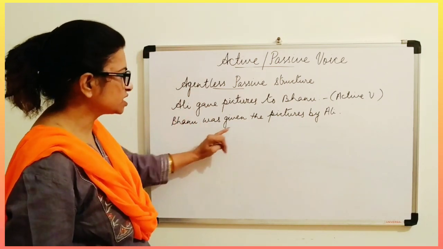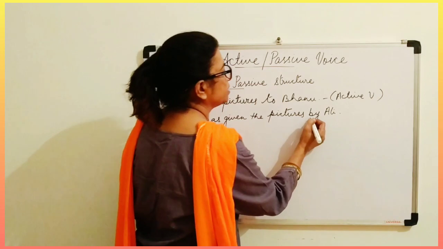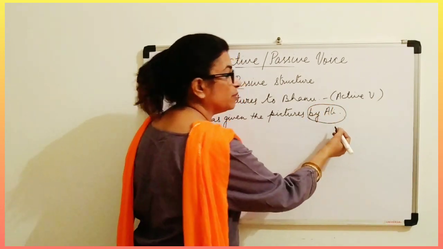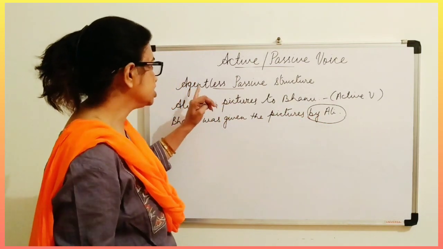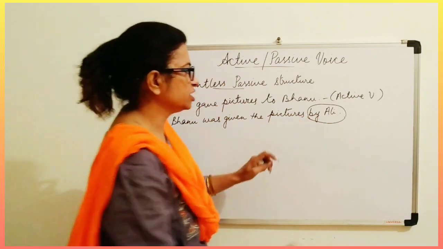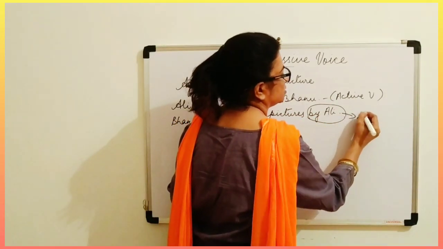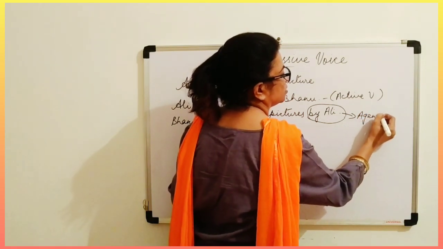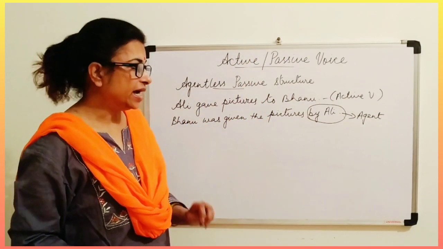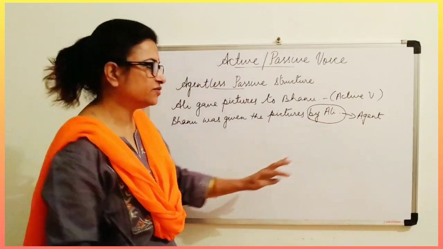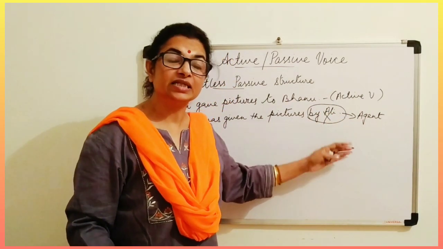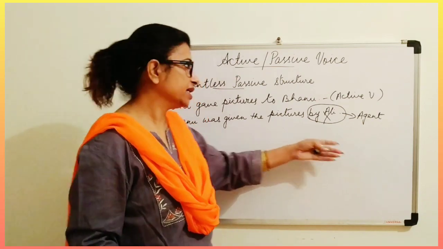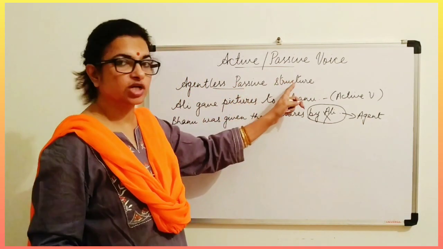So Bhanu was given the pictures by Ali. This is the by form. So this by form is called agent. And if we omit this agent, it will become agentless. Okay, it will become agentless passive structure.